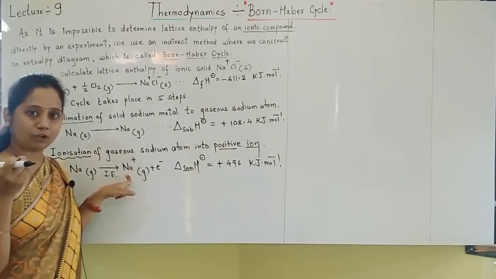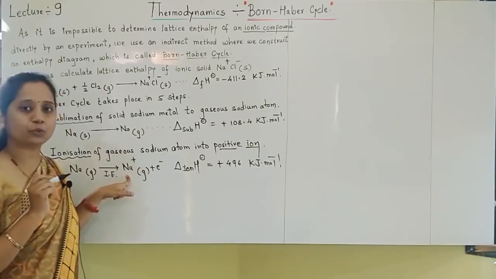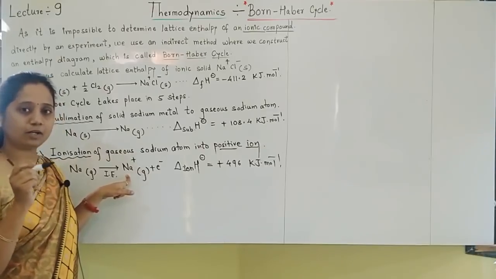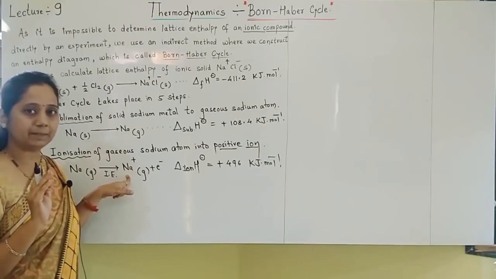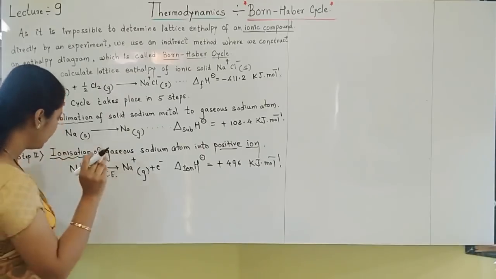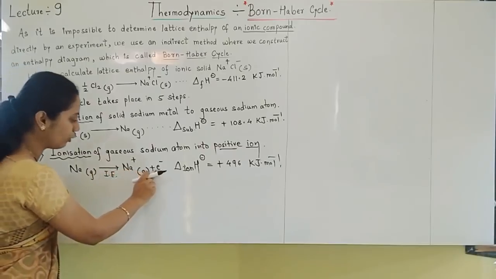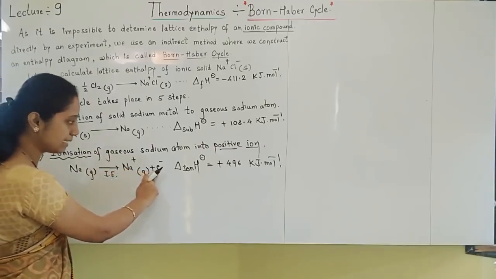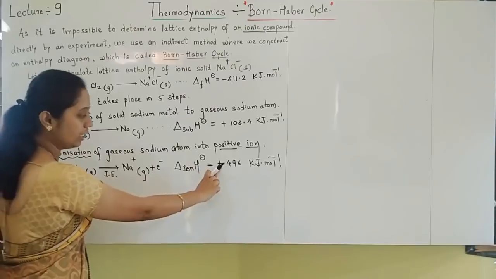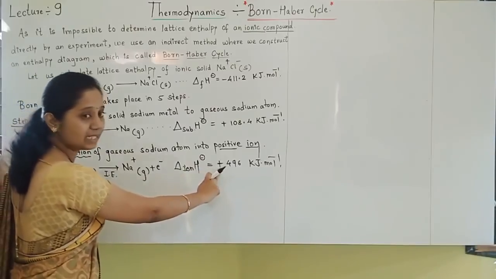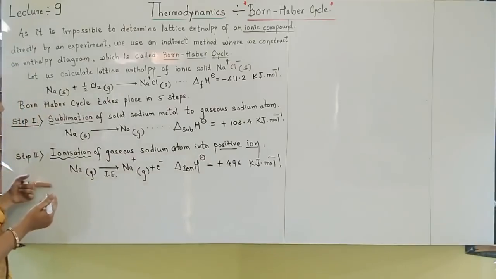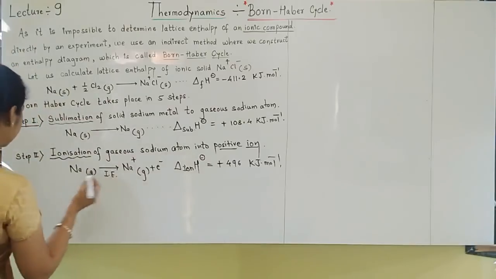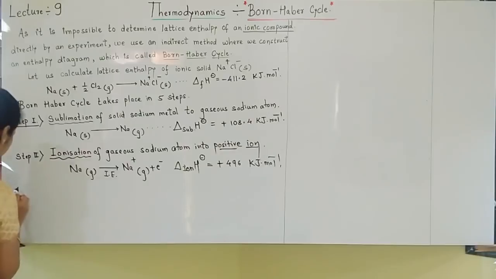We have to remove the electron against the force of attraction by the nucleus. And you are already in the third lesson, the ionization enthalpy concept is very clear. The amount of energy required to remove the outermost electron is called ionization enthalpy, and ionization enthalpy values are always positive values. Second step is over. Let us move towards the third step.